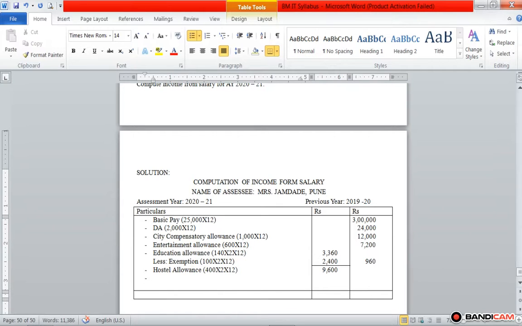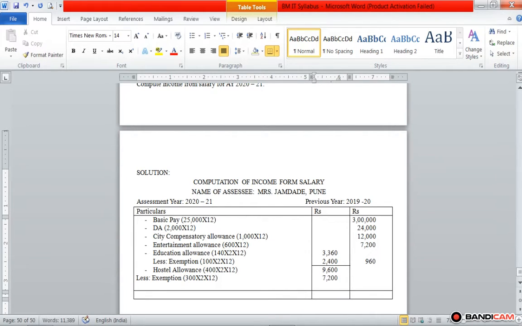Then less exemption. The exemption is 300 rupees per month per child, maximum for two children, so multiplied by 2 multiplied by 12. Here 7200 is exempted.